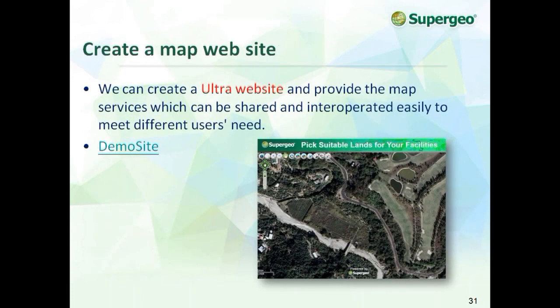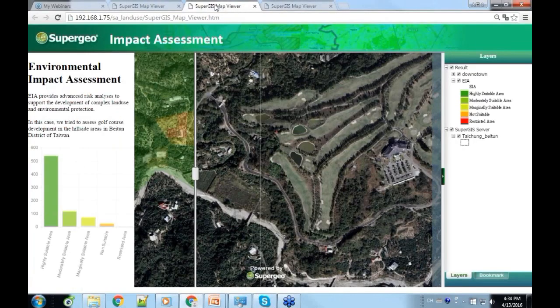Furthermore, I can even publish this data on the internet. So I will try to show you this information using SuperGIS Server. Here I prepared a demo site to show you how I created my own map website. Okay, everybody can see this map website. It's my own site to share what I saw and my analysis resource, and everybody can see the bottom left.